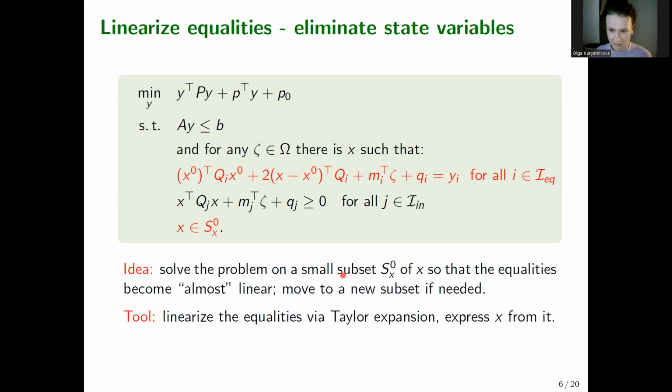For every x, there is always a unique y. Now the question is, can it be that different x's give me the same y? Yes, it can be that different x's give me the same y. Okay.